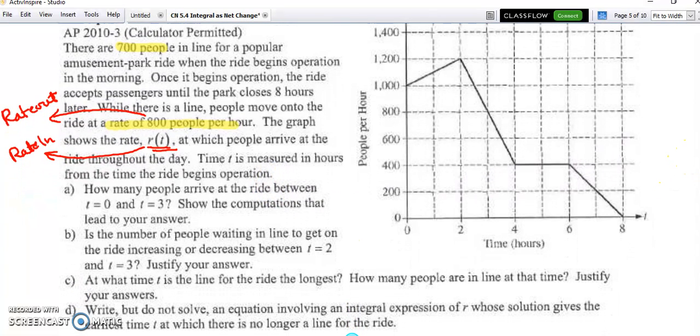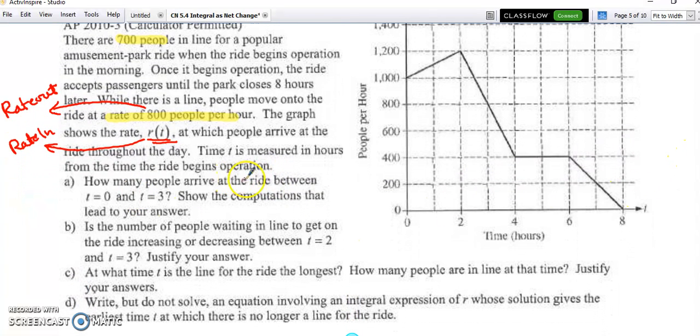So let's see what they're asking us. How many people arrive at the ride between 0 and 3? Again, how many people I have at 3 is going to equal how many people I had at 0 plus my net change. And make sure that you recognize that there are people coming in and there are people leaving, so be careful about that.